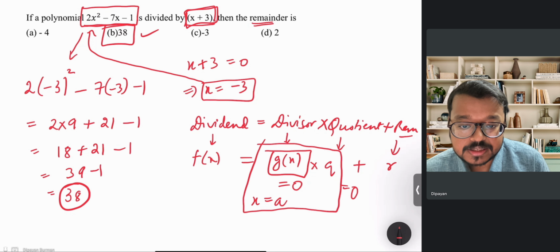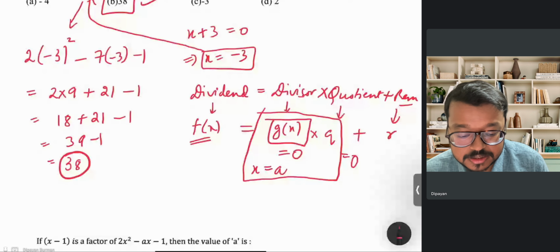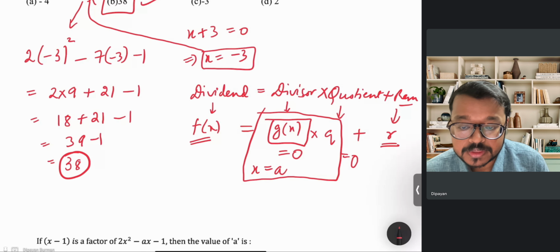Then we will find that the dividend is equal to the remainder. That is, when I substitute x equal to a in my dividend, that will be exactly equal to my remainder. That is how the remainder theorem works.